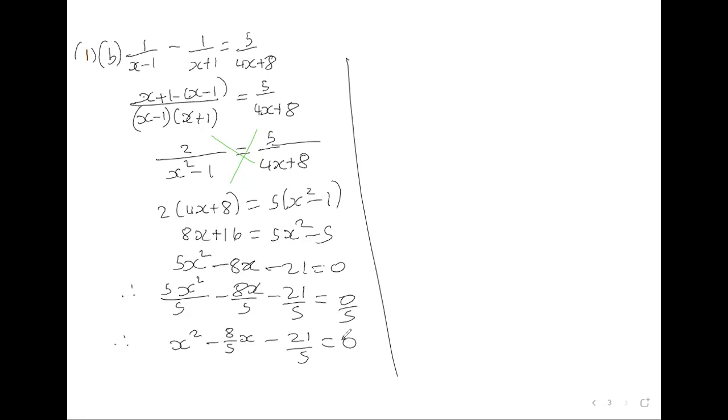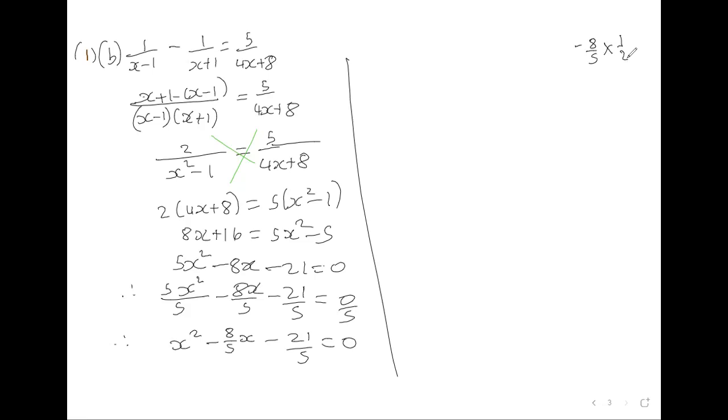Then we get the coefficient of x. The coefficient of x here is negative 8 over 5. We are going to divide this by 2, which implies multiplying by half.